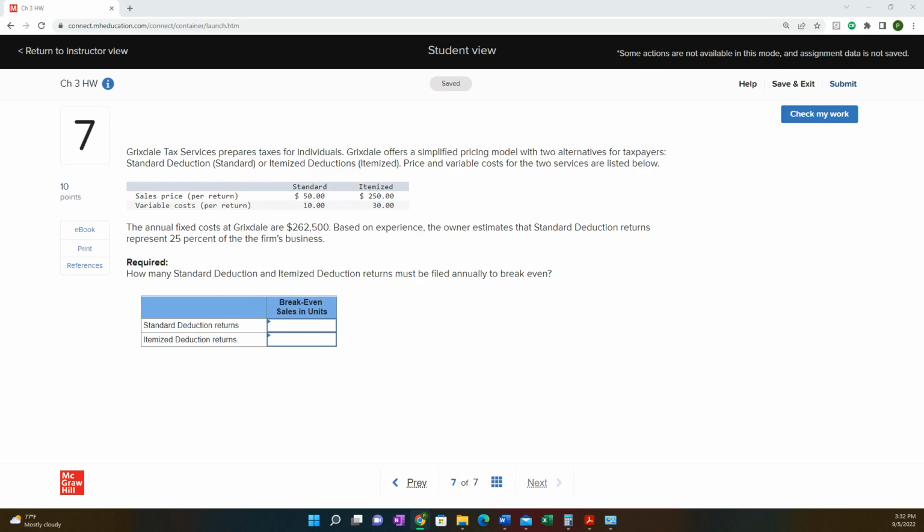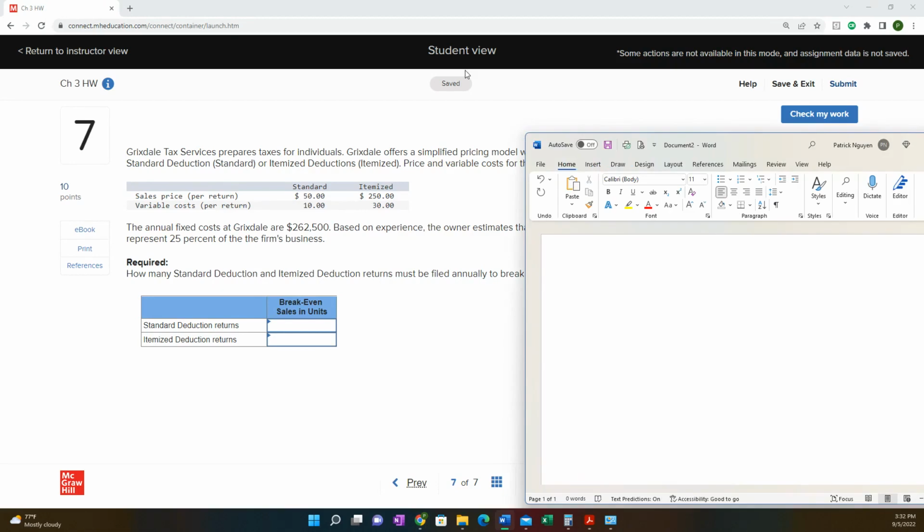So the formula for this question can be found on page 109. We need to calculate the weighted average contribution margin per unit. But first, let's calculate the contribution margin per each type of return. So for the standard deduction, we have a $50 sales price, $10 in variable cost equals a contribution margin of $40.